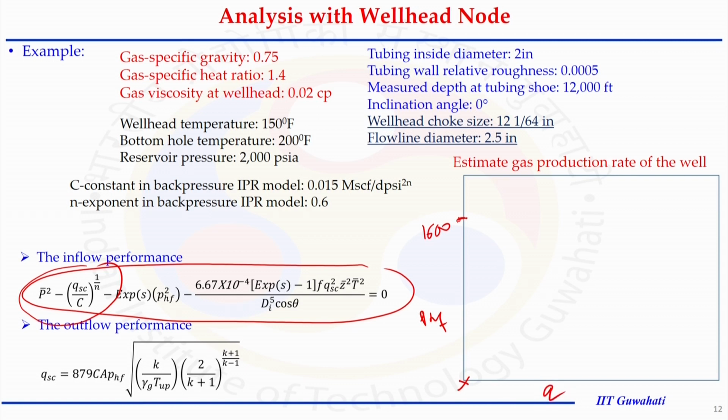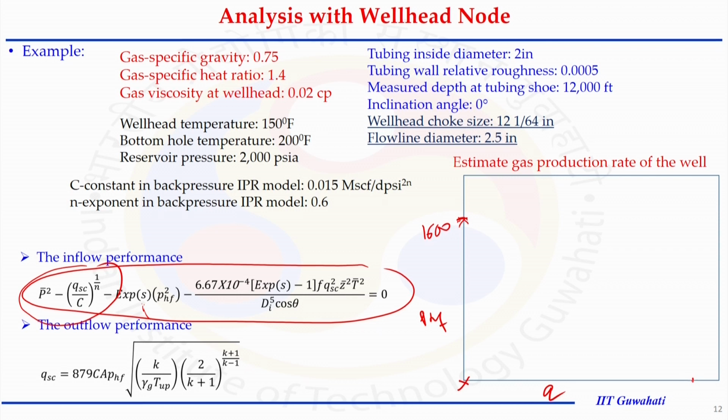So, around 1600 the value will come out when no flow is happening; PHF will come out as 1600. That can be done simply by saying Q is 0, no flow is happening. We can calculate this parameter S, and with the help of that we can calculate the PHF value, and this will come out as 1600.